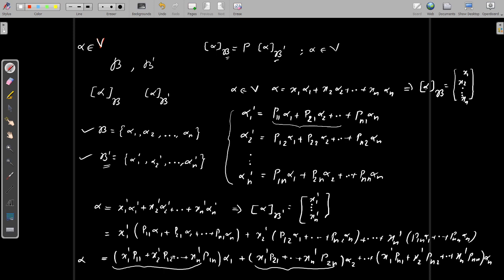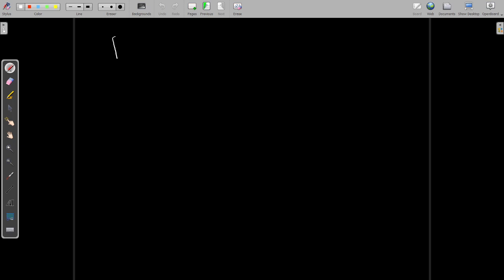Since the coordinates of this alpha relative to the basis B are unique, you can equate: x1 should be equal to the first bracket, x2 should be equal to the second bracket, and so on. So we will write the coordinate of alpha with respect to B as x1, x2, etc. xn.